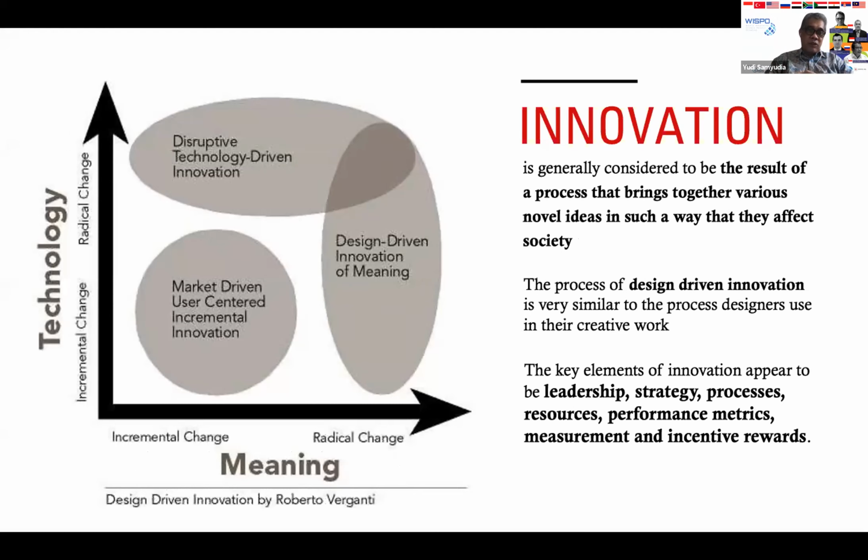If we have that, then that can be called innovation. If there's no effect on society, that becomes an invention rather than an innovation. So we have to make sure that what we create, the new ideas, as mentioned by Dmitry before, must have an effect on society.